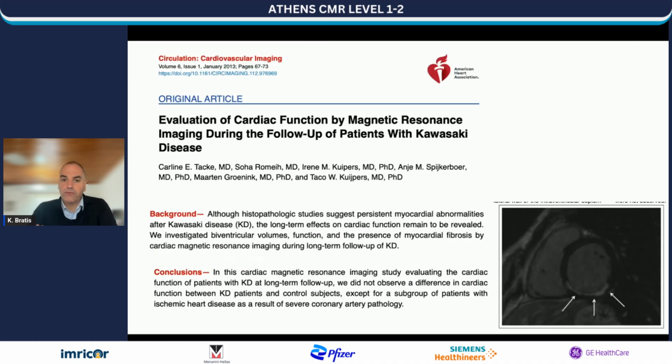And this was confirmed later on by a Dutch team with a retrospective follow-up study over 11 years in patients with previous Kawasaki disease, in whom the ejection fraction was affected on the long term only in those patients with an established infarct, and normalized in the rest of them despite the presence of any myocarditis, any myocardial inflammation in the acute phase.